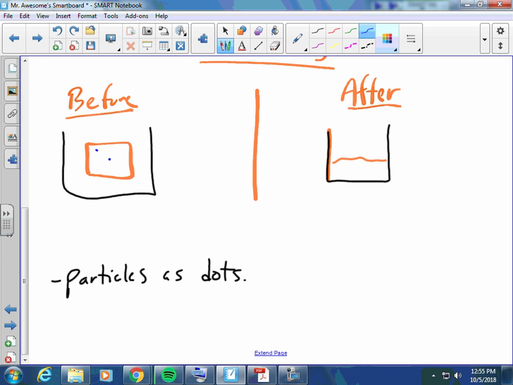So maybe I do 5 dots like that. Okay? And here's why conservation of matter is important: if I start with 5 dots in my model, I need to have 5 dots afterwards. If I just put 1 dot, well, that's showing me that the mass decreased by 4 particles for some reason. Where did the other 4 particles go?